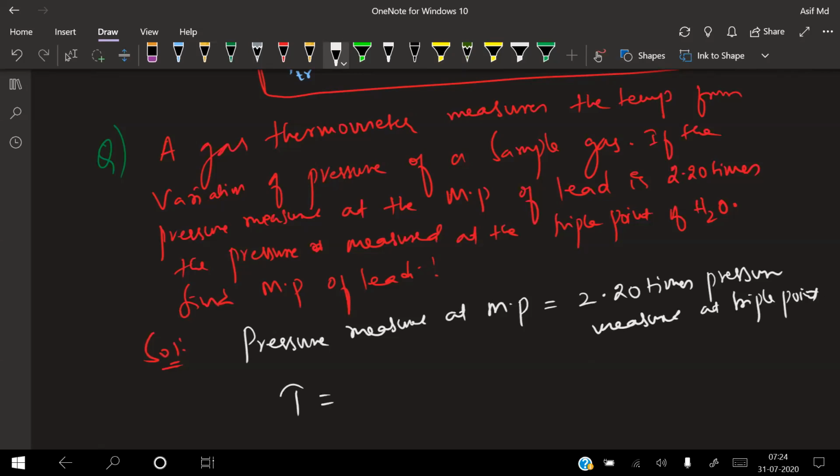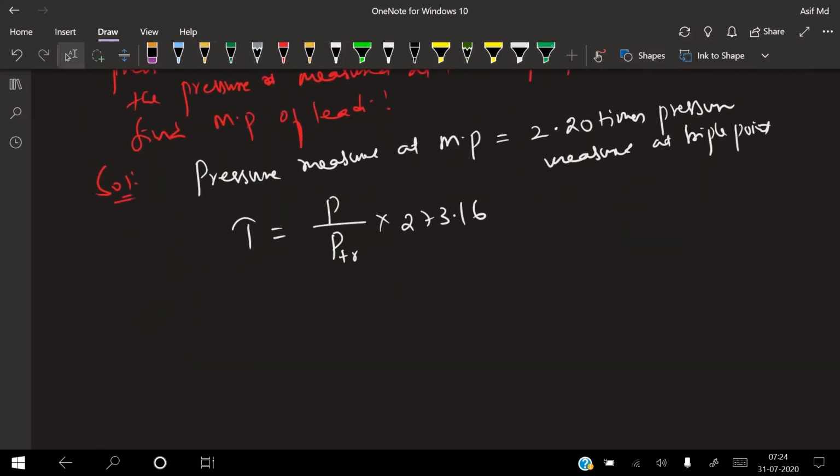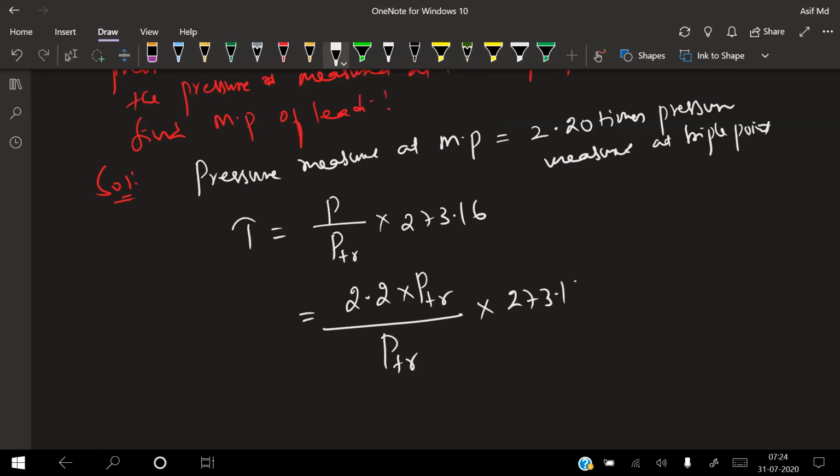That means T equals P divided by the pressure at the triple point, into 273.16.